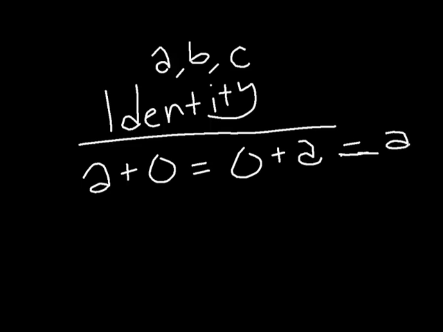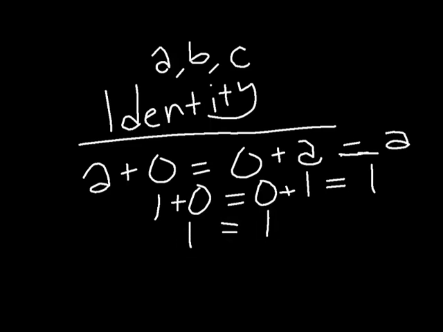So I'll go ahead and do a real-world example. Well, not a real-world example, something with numbers. So we've got 1 plus 0 equals 0 plus 1 equals 1. And yes, 1 plus 0 is 1. 0 plus 1 is 1. And yes, 1 is 1. And that is all the identity property is saying, you guys, at least for addition.